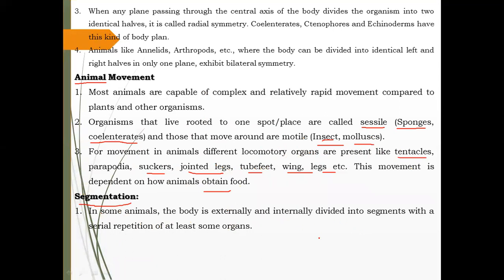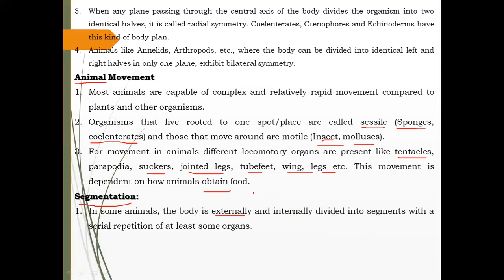Again, you are very familiar with the example: the body is totally divisible externally as well as internally. For example, the earthworm. If you just recall the photo image of an earthworm, you will easily understand.